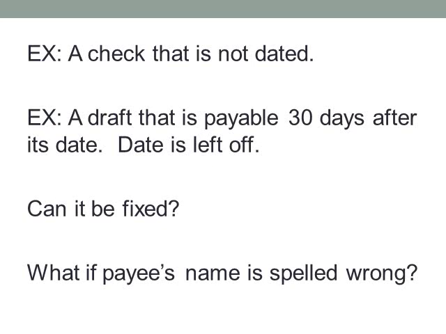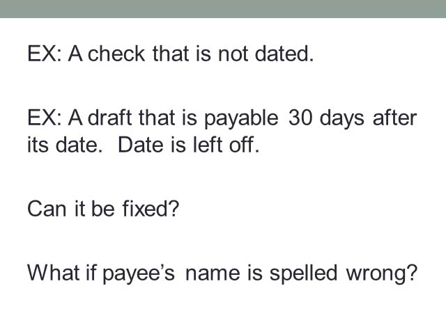Because we know that checks are demand documents. You don't need 30 days from now. We know if you got a check with no date on it, it's demand. A draft that is payable 30 days after its date: if the date is left off, well, that's kind of a problem because you don't know when it becomes due.